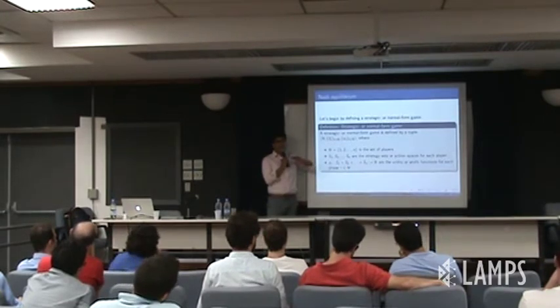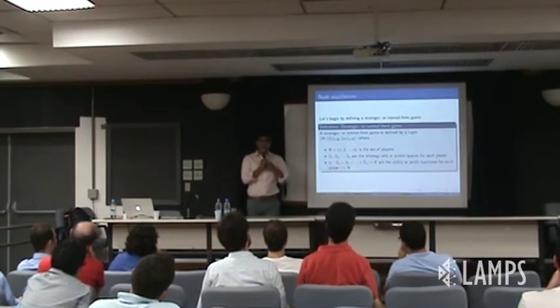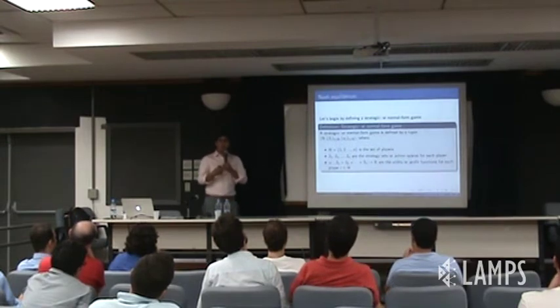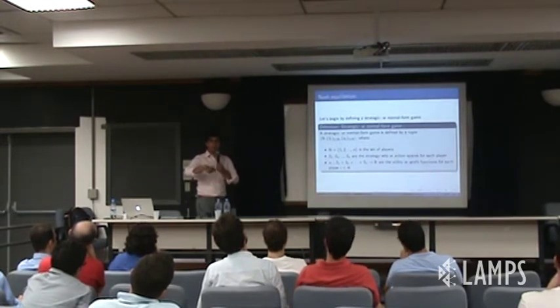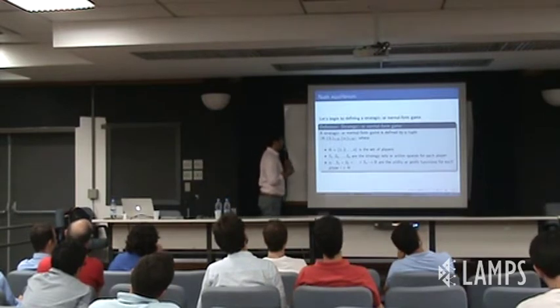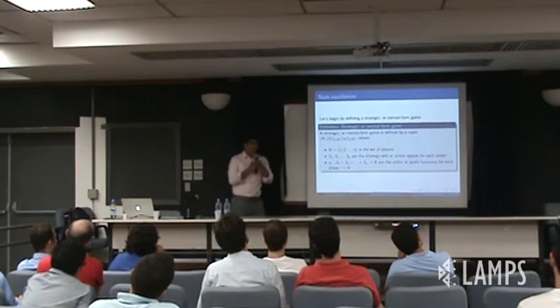That's the key for a game. If you don't have that, you don't have a game. For a game to be called a game, whatever we get from it has to depend on the actions of all the players. Otherwise, it's not very interesting, right? And if you combine all these things, you define that tuple.